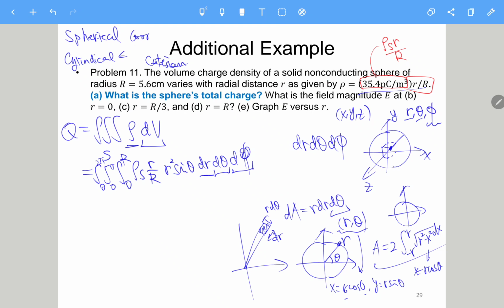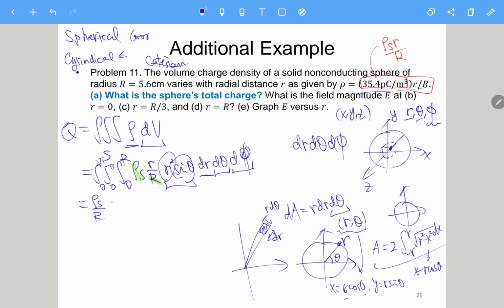So this is a triple integral, and it looks very horrible, but actually it is extremely easy. Here we can see that this is a constant, so we can just put it outside. So we have rho s over capital R on the outside. Then we can separate the variables, which means this is a function of r and this is a function of theta, multiplied together.